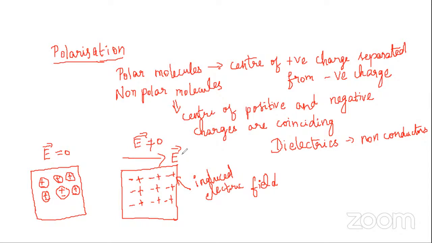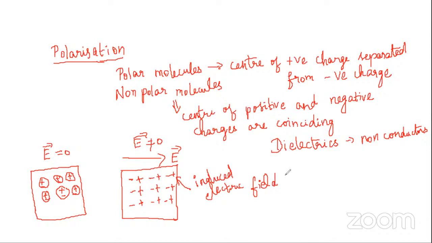It only reduces the external electric field. This is the difference between conductors and dielectrics in an external electric field. So this is what non-polar dielectrics in an external electric field is all about.